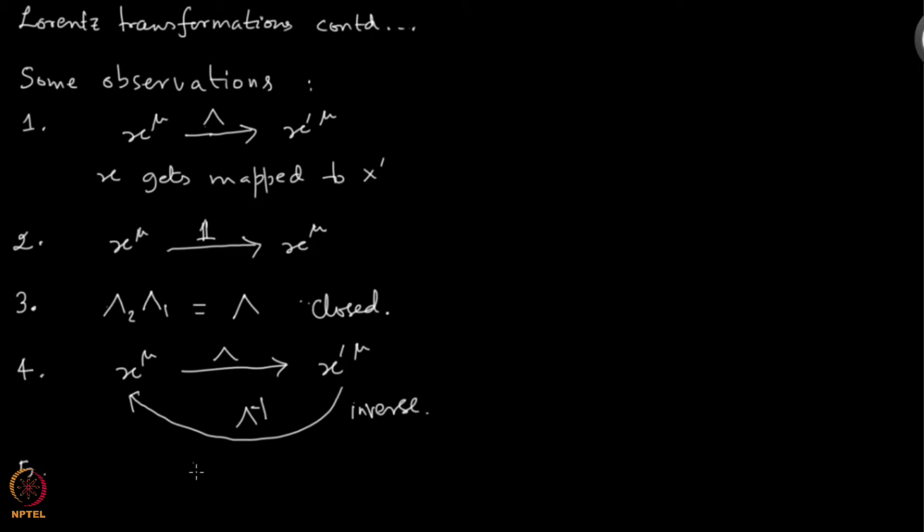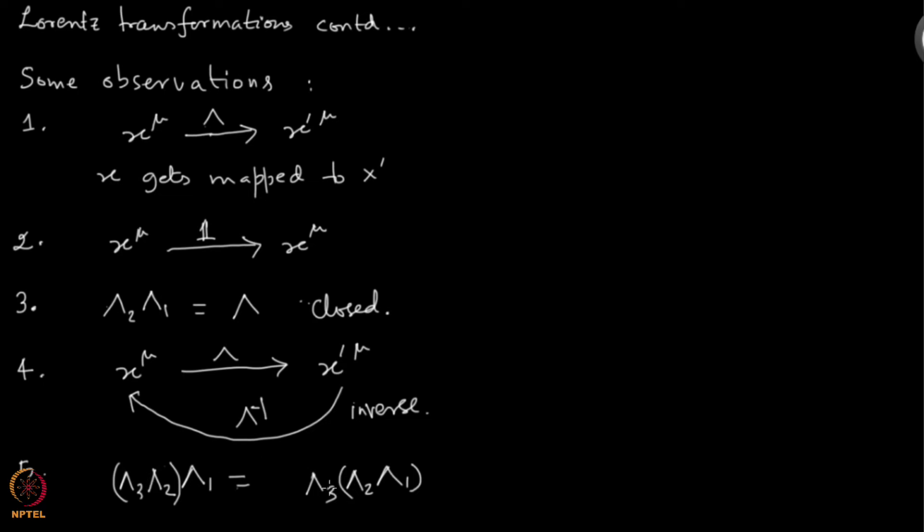And obviously, if you have lambda 1 followed by lambda 2 and lambda 3, I am thinking of doing first lambda 1, then the product of lambda 2 and lambda 3. This is the same as first doing the product of lambda 1 and lambda 2, followed by lambda 3.